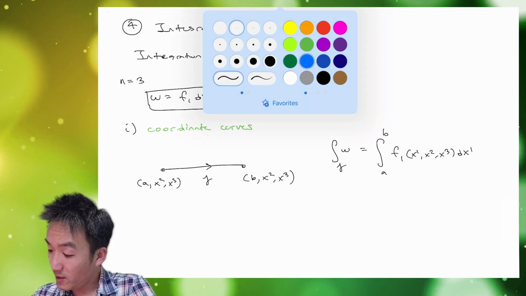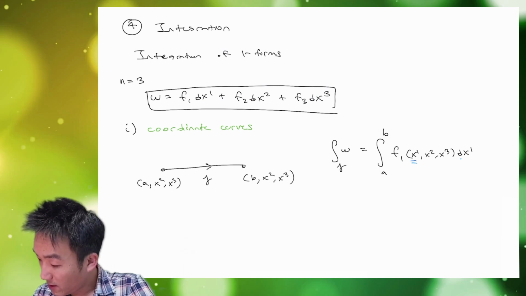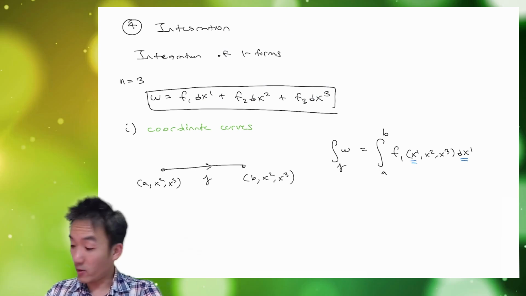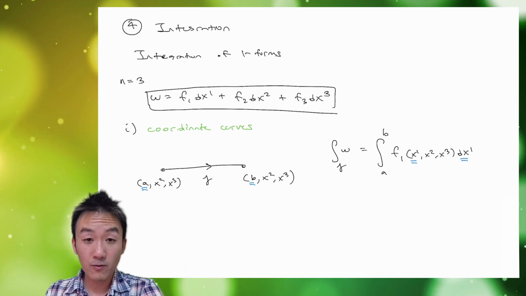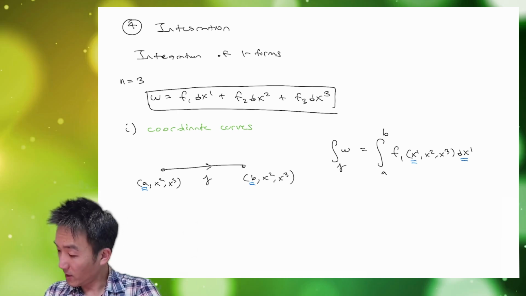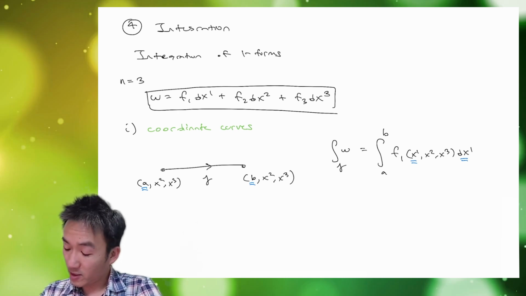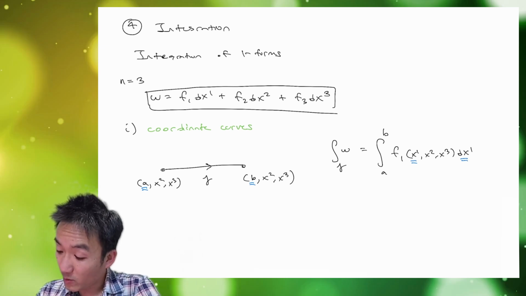Okay, so what's key here is that only the x1 variable is changing. That's why I have a dx1, and it goes from a to b because those are the 2 limits given by the curve gamma. So you can think of dx1 as sort of kicking out the x1 direction.